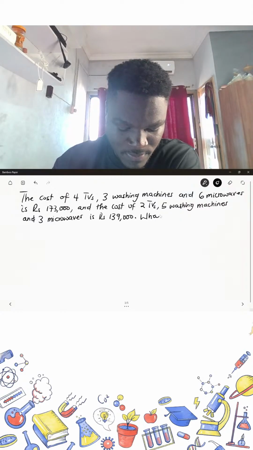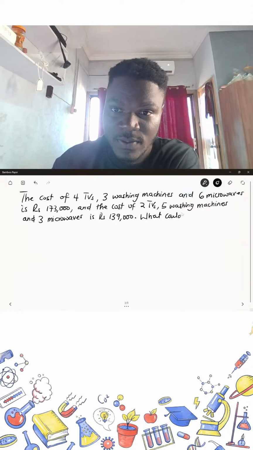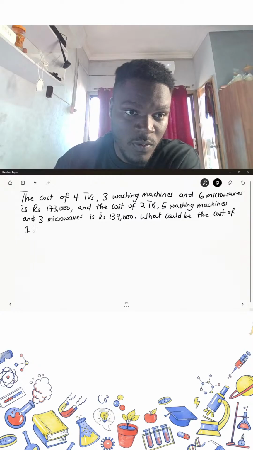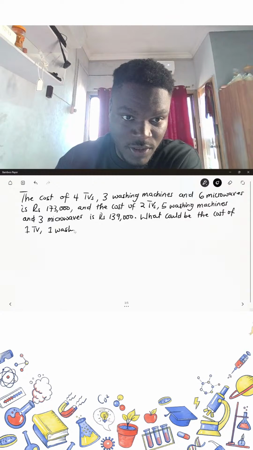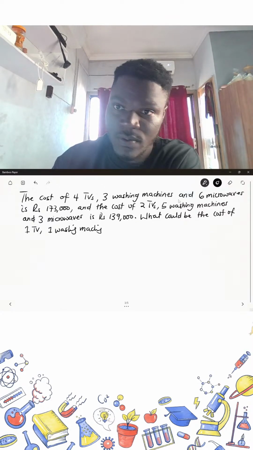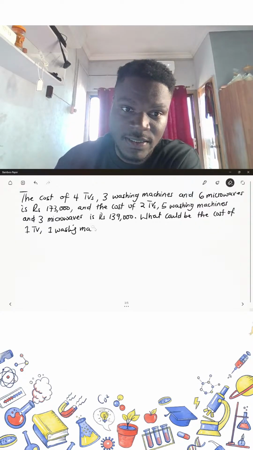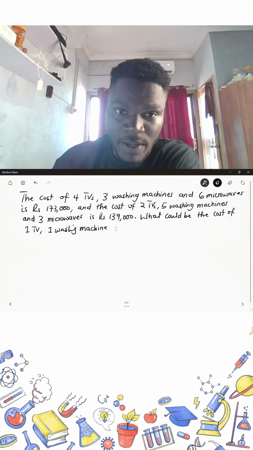So what could be the cost of 1 TV, 1 washing machine, and 1 microwave?